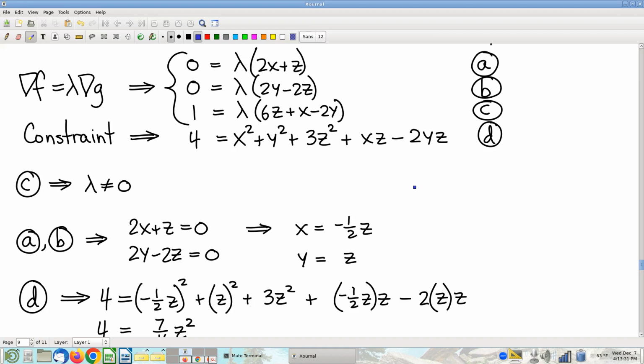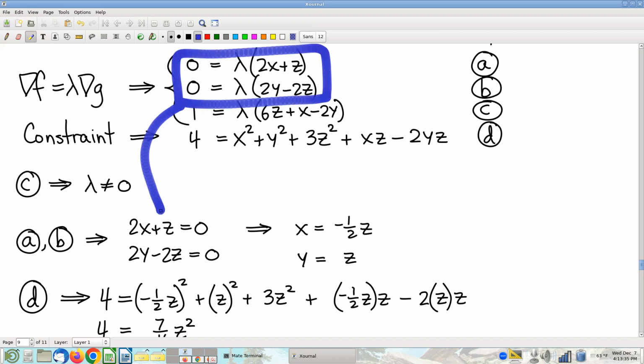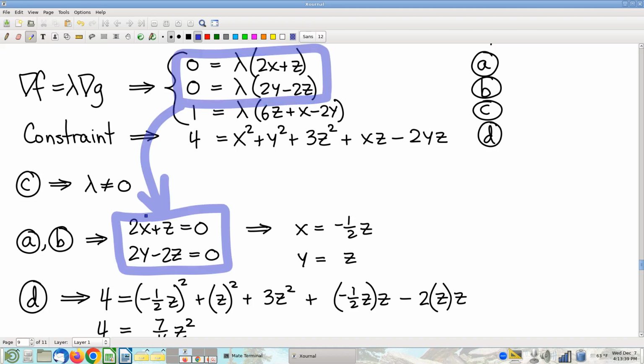A temptation is to look at these equations and conclude that this must be true. I'm going to cancel the lambdas, conclude that this must be true, and then solve for x in terms of z, solve for y in terms of z, and take it from there. But I want to point out, we can't do this yet.